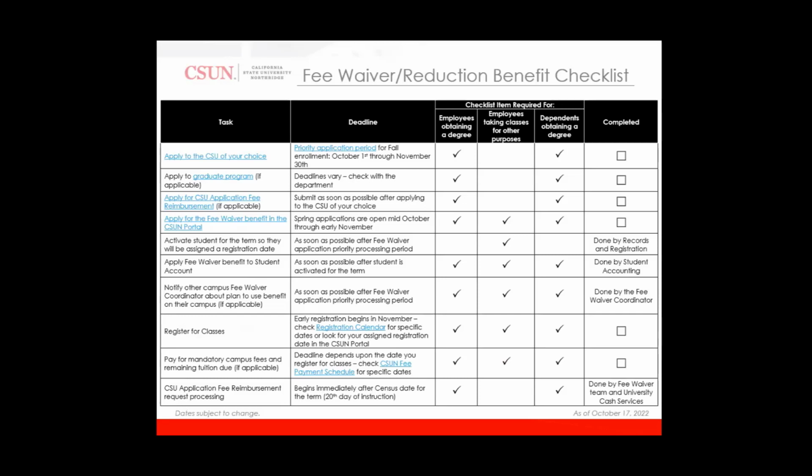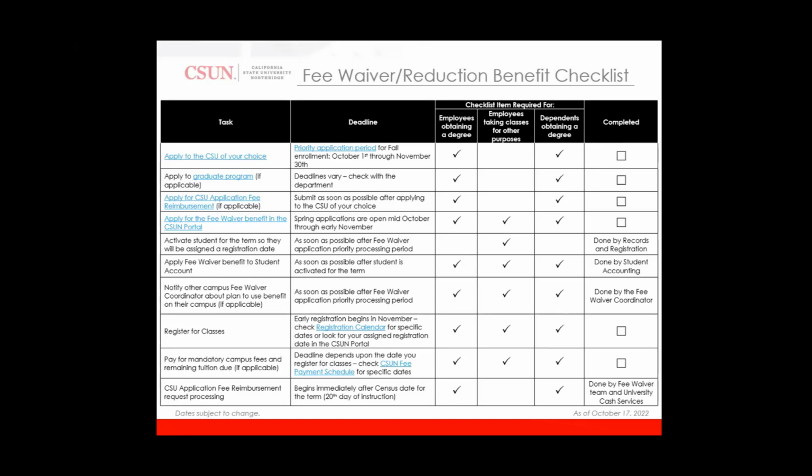The second column lists deadlines for that specific task. The checklist item required for columns indicate what type of reason the fee waiver benefit is being utilized for. And the last column is a completed checkbox column to be marked once the task is complete.